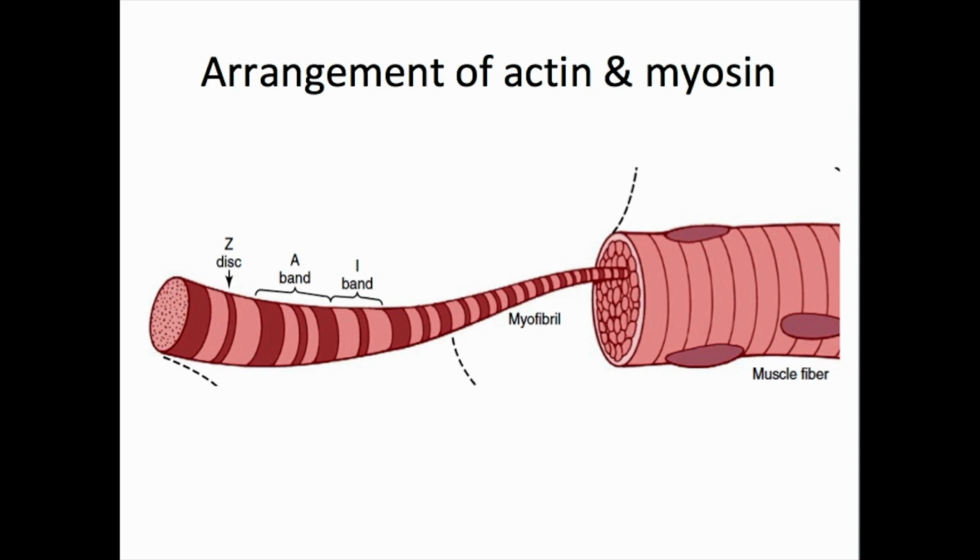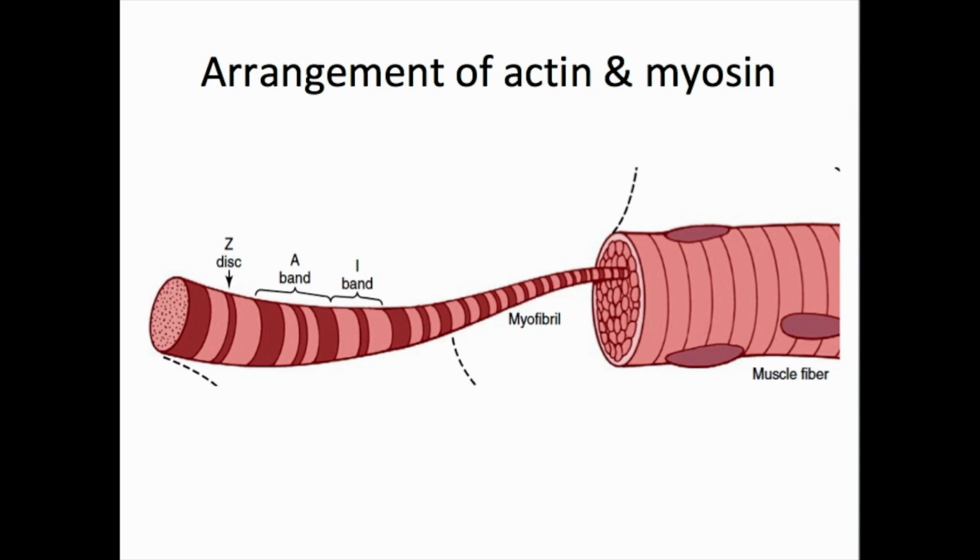The myosin and actin filaments interdigitate, and thus they cause the myofibrils to have alternate light and dark bands, which are labeled I and A bands.